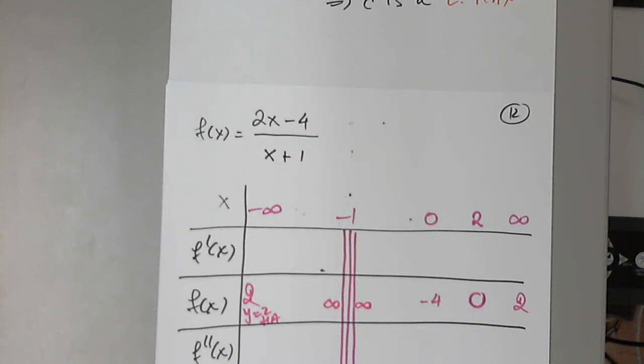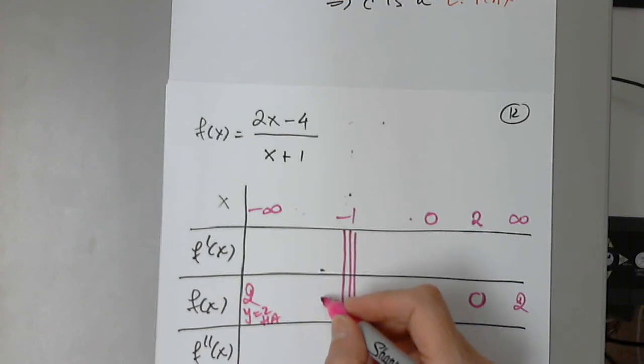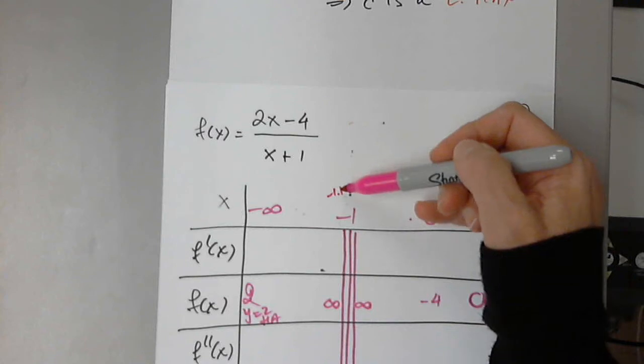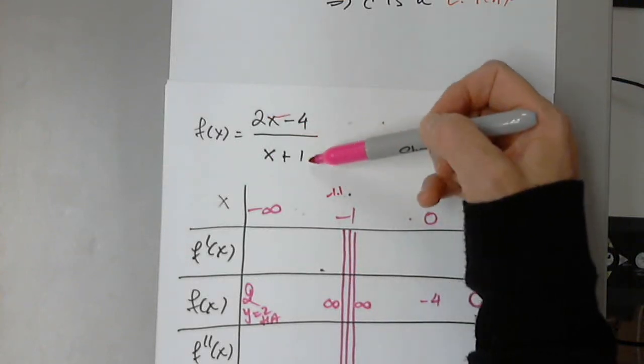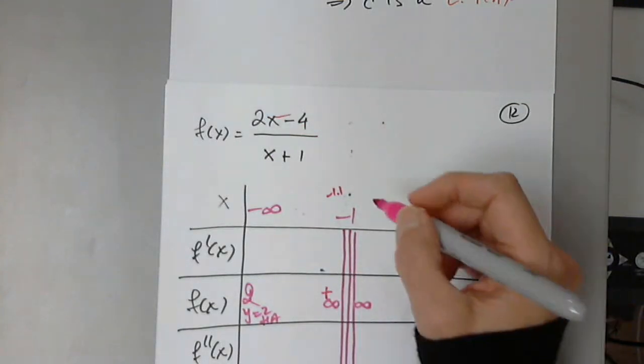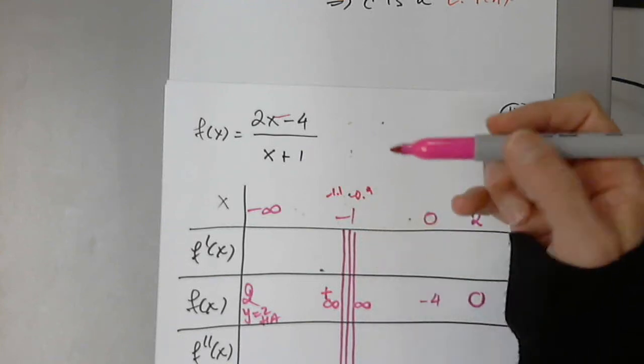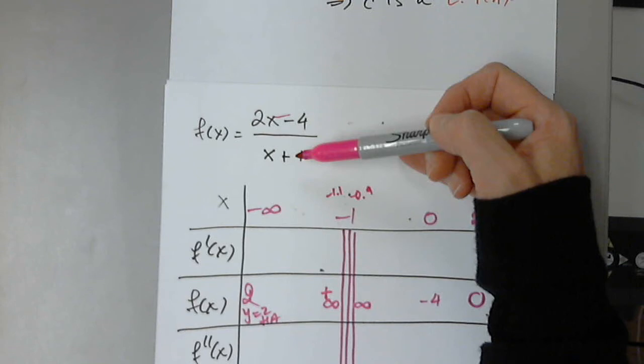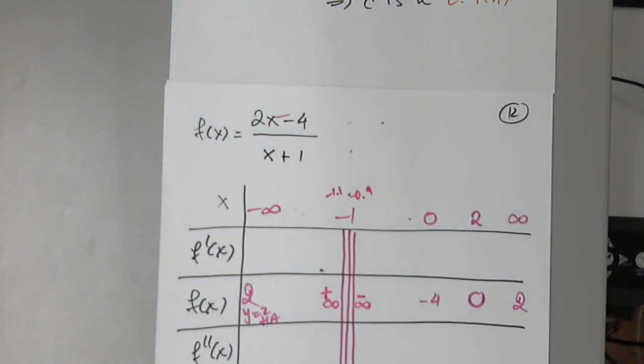The numerator goes negative, the denominator goes negative, so that left-hand side goes to positive. With -1.1, negative over negative, positive. With -0.9, negative, but the denominator this time is positive. This is it. We're done. There's nothing else I can learn about the function.